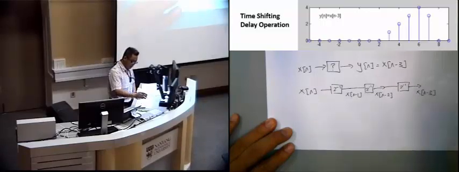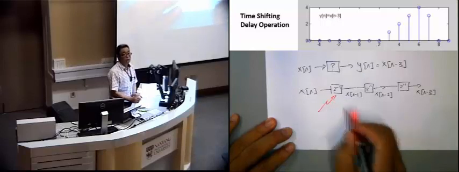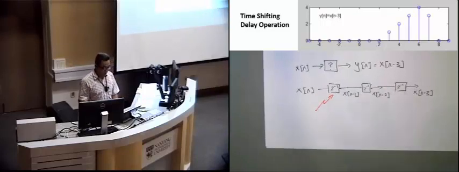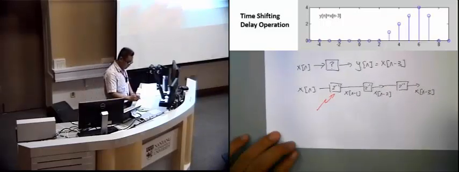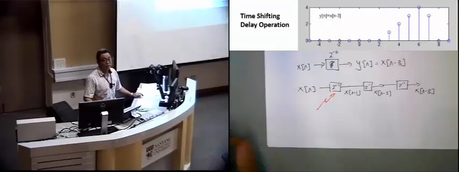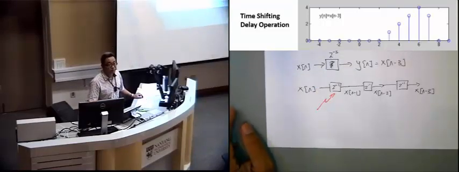So now you realize that this block shows a delay by a single sample, which is what we want here, z minus 3. So we have 3 blocks in series. Of course, you could have just simply said z minus 3, and then it will be the same.